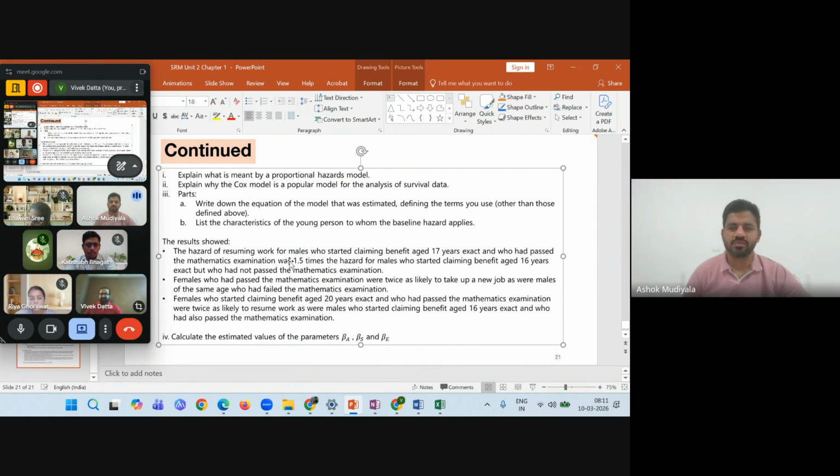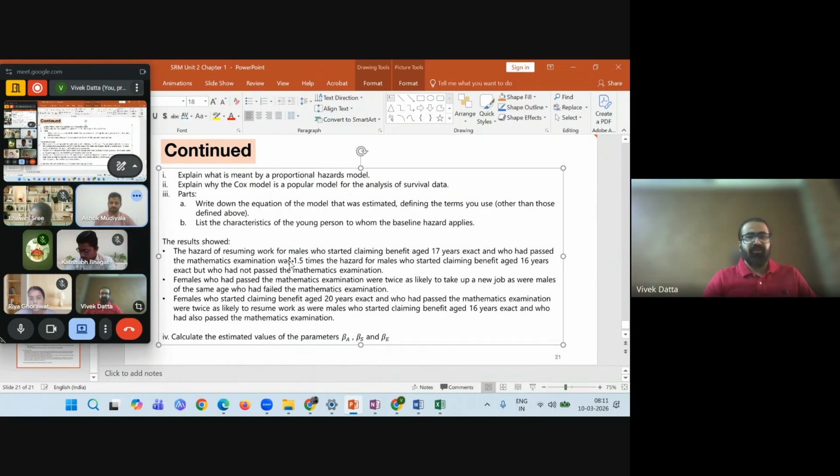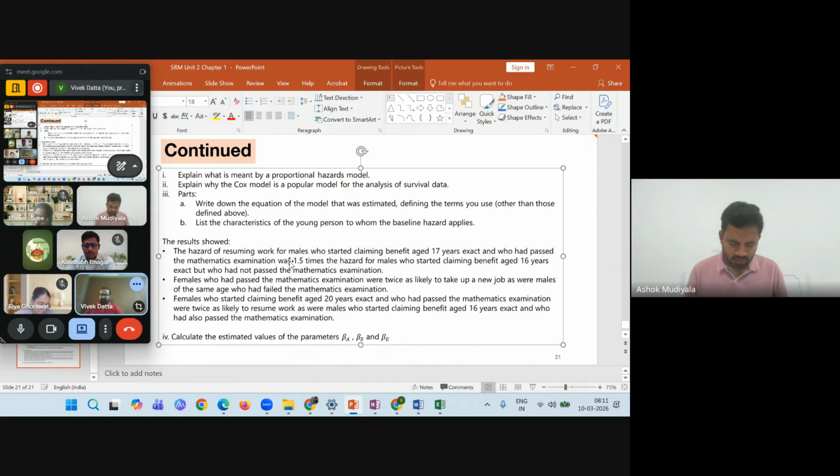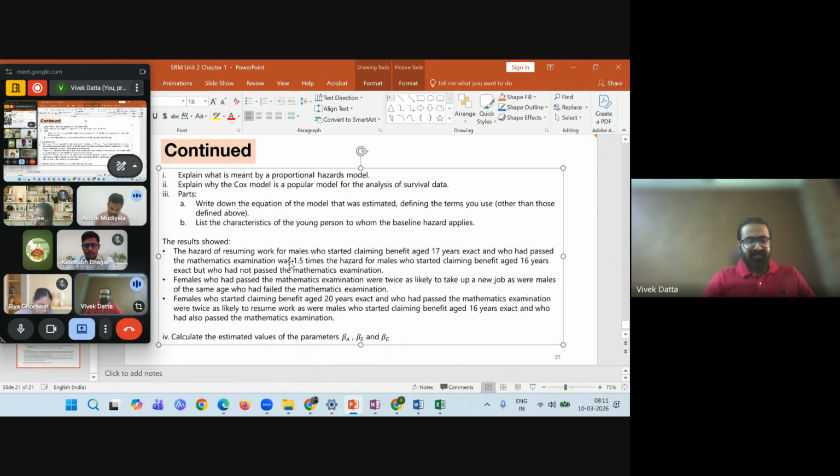Here all the betas are positive, so everything is increasing. No, not everything is positive. The third one is negative. Beta S is minus 0.368. Beta S is male, female.